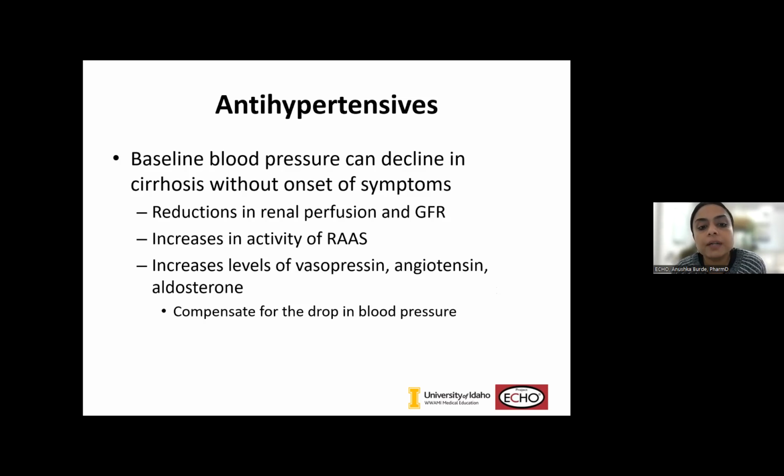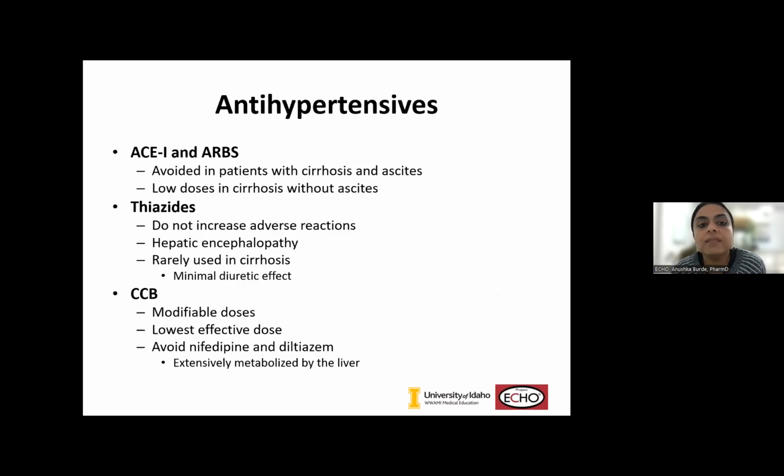And then antihypertensives, basically ACEs and ARBs should be avoided in patients with cirrhosis and ascites, because they can cause significant hypotension in these patients. However, low doses are okay in patients with cirrhosis without ascites. And then thiazides really do not increase risk of adverse reactions in patients with chronic liver disease.